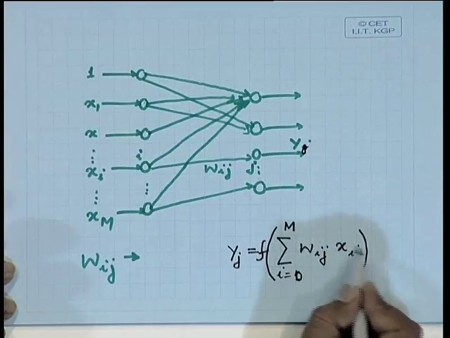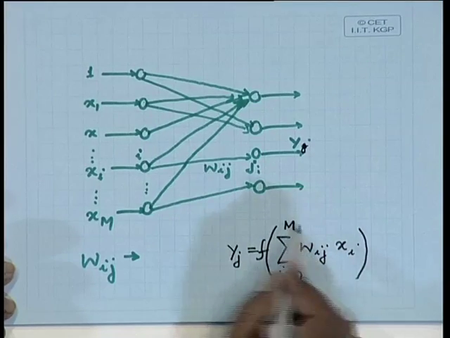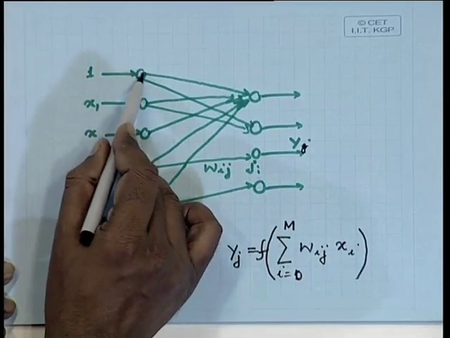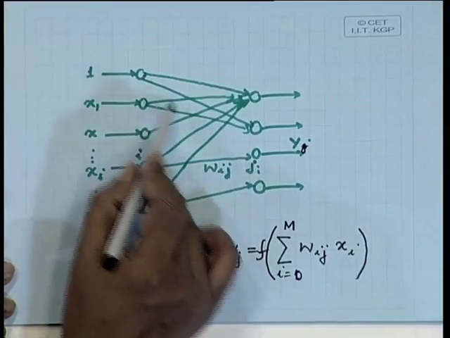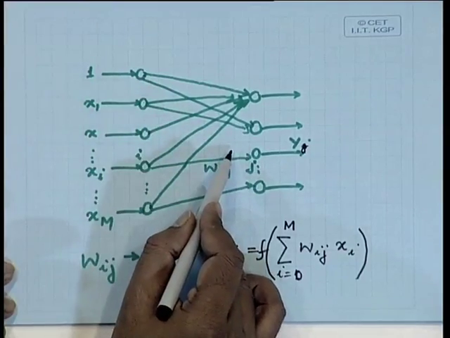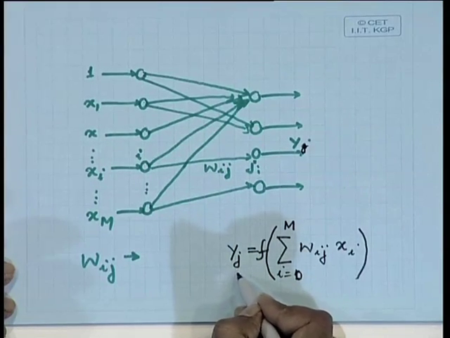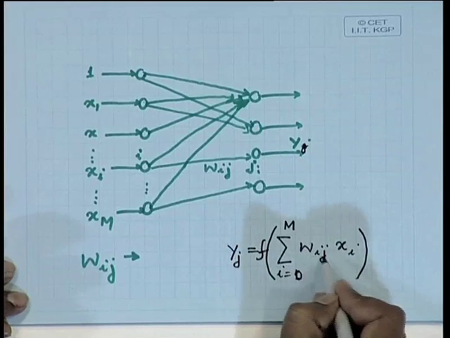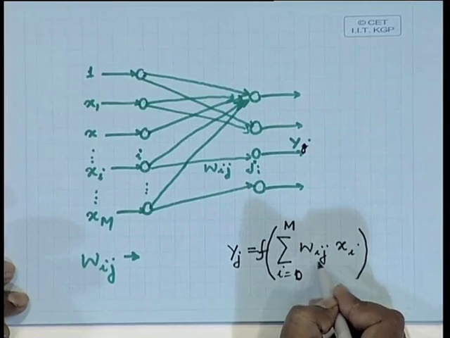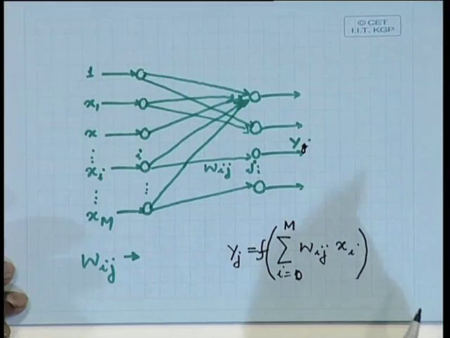This also includes the bias, because I have started from I equal to 0 to capital M. I equal to 0 means this W0j, this connection component will actually correspond to the bias weight. So, I have this Yj, which is a nonlinear function of the sum of Wij into Xi, where I varies from 0 to capital M.